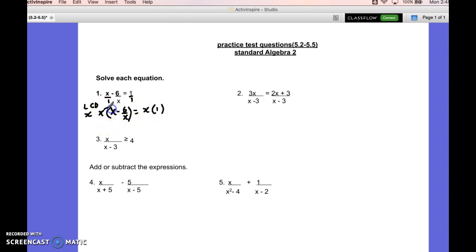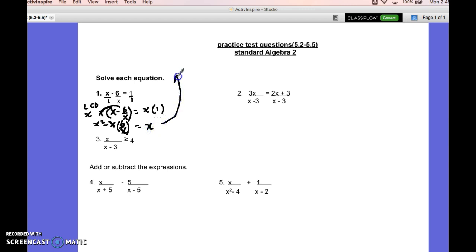So when we do the distributive property here, we get X squared. And then here we would get minus X times 6 over X. By now I trust you know that this X would cancel with this one. On the right side would be X times 1, which would be X.